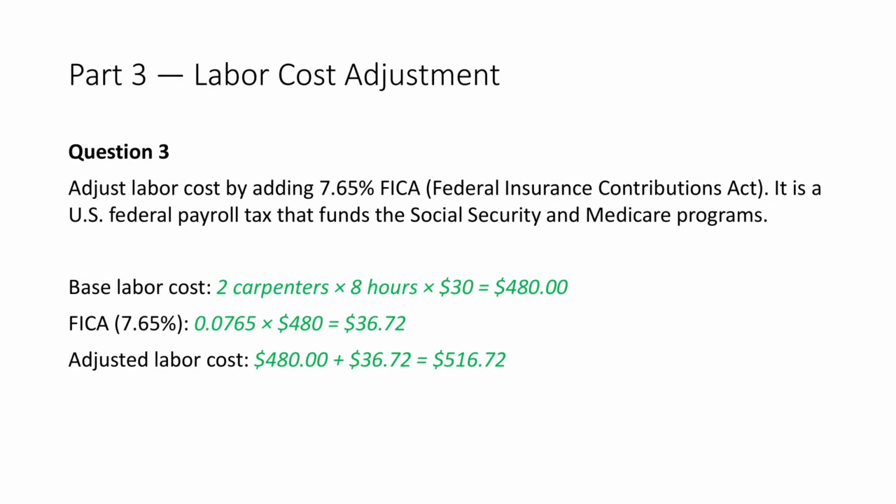For labor, we assume 2 carpenters, 8 hours each, labor rate $30 per hour. Now apply FICA. 7.65% times $480 equals $36.72. So adjusted labor becomes $516.72. This step reminds us that labor burden matters. Wages are never the full labor cost.